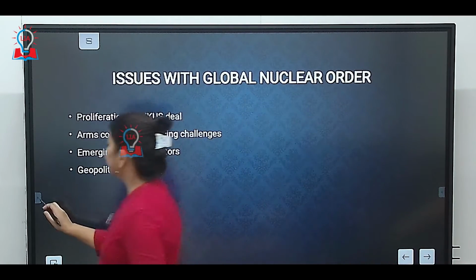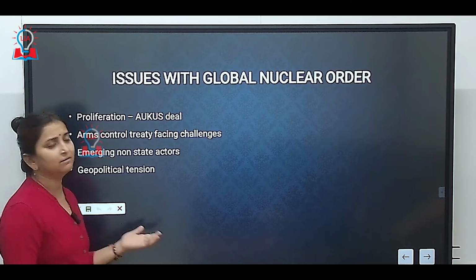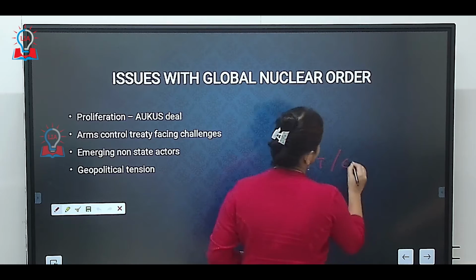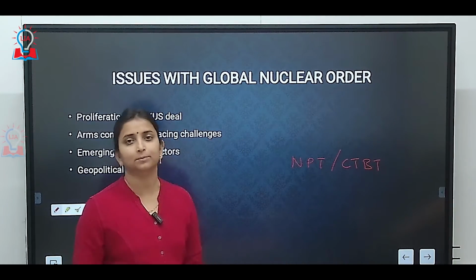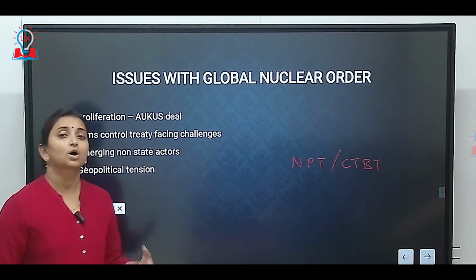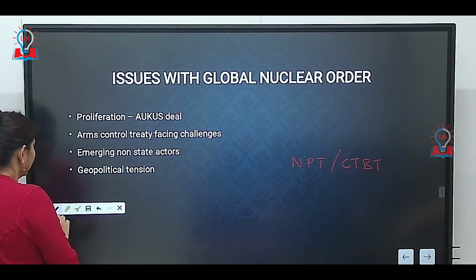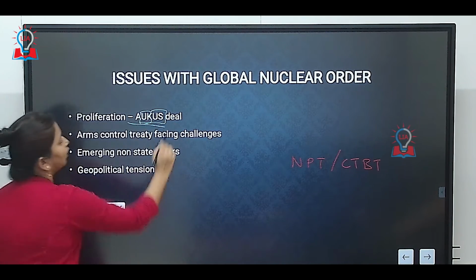But there are some major issues in such regulation. Although there are so many countries who have been signatories of NPT or CTBT, and have also promised that they will not be undertaking proliferation, still the US and the UK have signed an AUKUS deal.